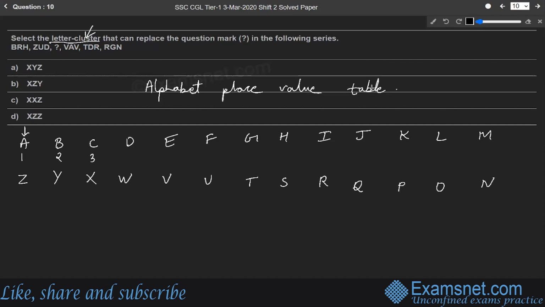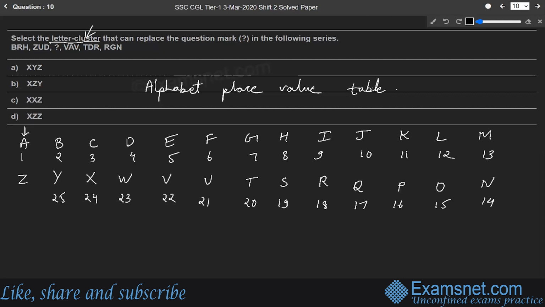Similarly, it will be 3, 4, 5, up to 26. So this is the complete alphabet place value table.